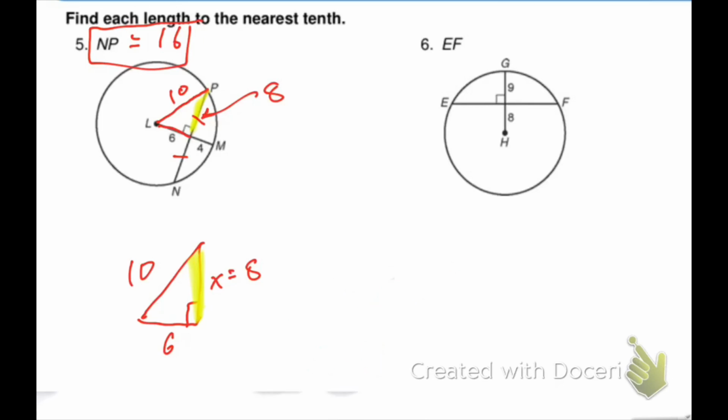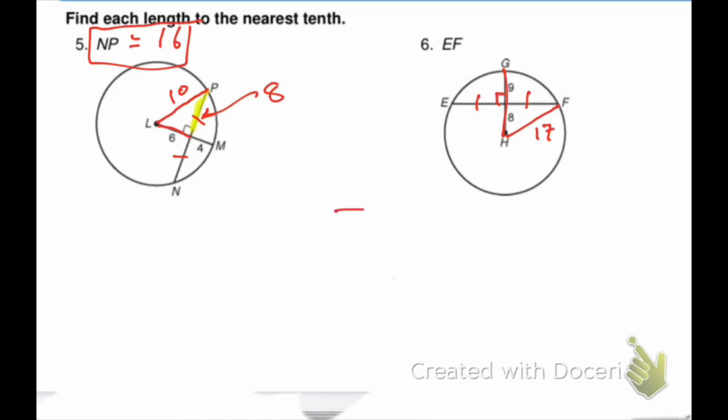Same thing with example 6, same concept. I have the radius, it's perpendicular, so it bisects the chord. I create my right triangle here, where the radius is 17. If I set up my right triangle, the hypotenuse is 17, this base is 8, and this side is unknown.